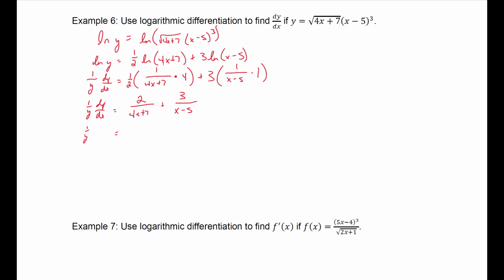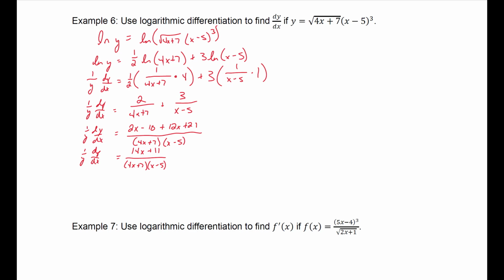So 1 over y dy/dx ends up being 2x minus 10 plus 12x plus 21 over the product of these denominators, 4x plus 7 times x minus 5. And so we have 1 over y dy/dx equals 14x plus 11 over (4x plus 7)(x minus 5).